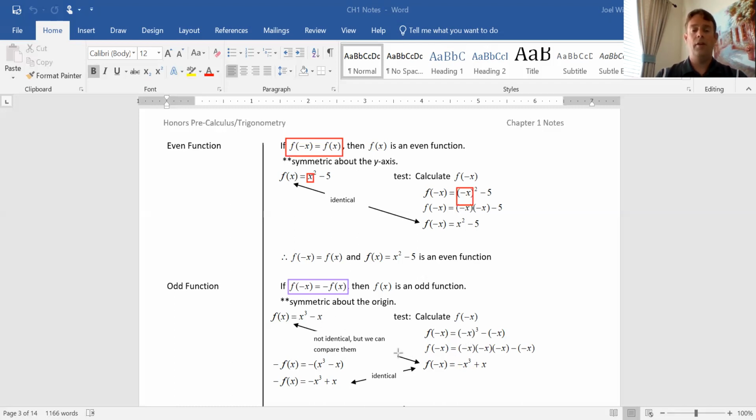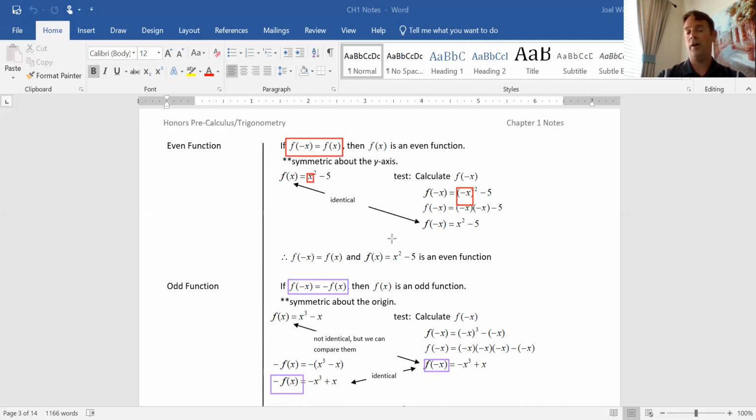But if we plug in negative f of x, in other words, multiply the entire function by a negative value, if these two are the same thing, if f of negative x is equal to negative f of x, then we say that the function is odd.